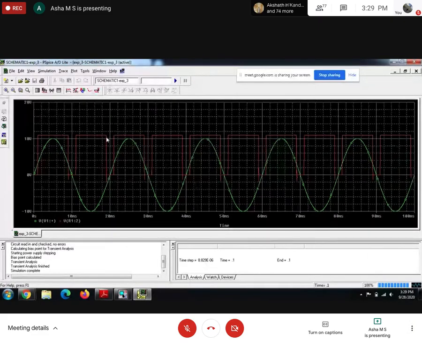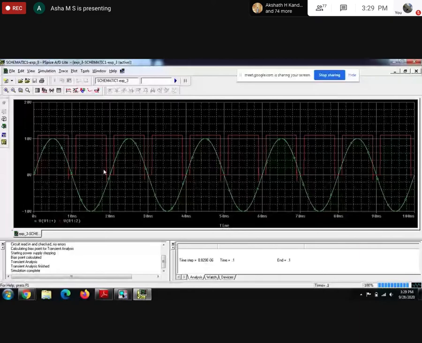Where it is 3, here it is 3. After that, once it is again below 3, it changes state from positive to negative, and it remains at 0. So the output voltage is only between positive 3 and 0.